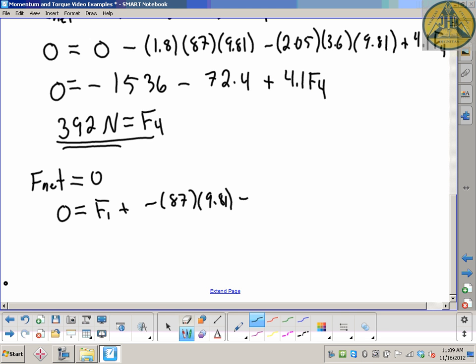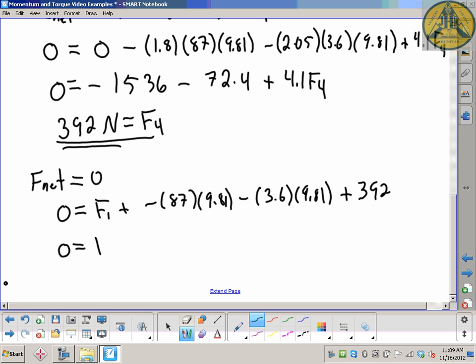Force of the ladder, it's a 3.6 kilogram ladder times 9.81. F4 is upwards, so it's positive 392. When you solve for your forces using torque, you're always going to get the magnitude. So if it's an up or down force, make sure you put it as positive or negative correctly.